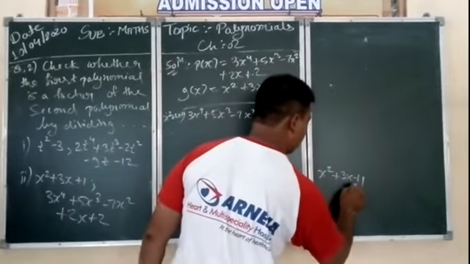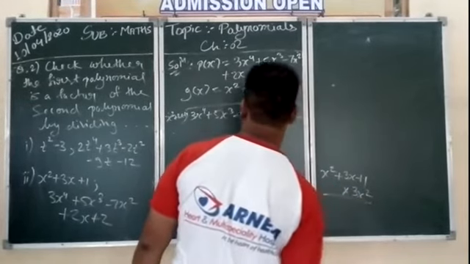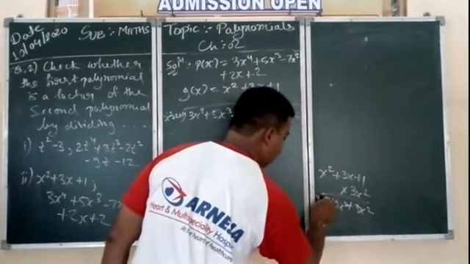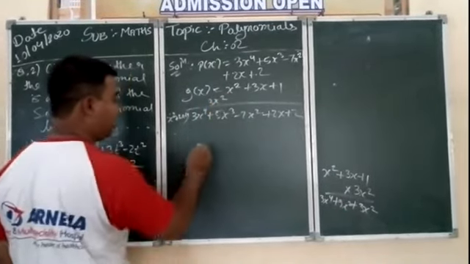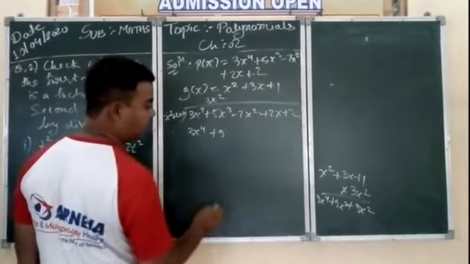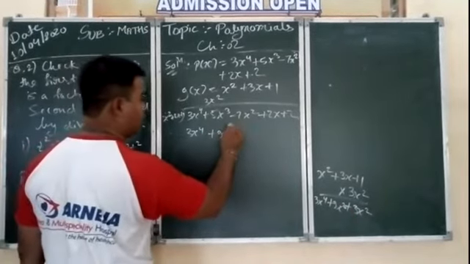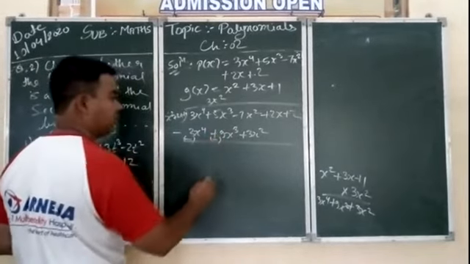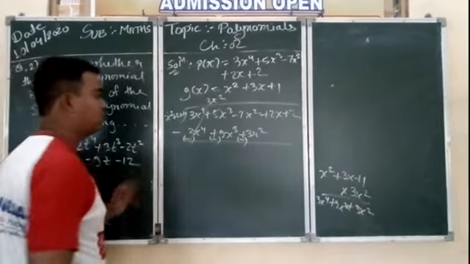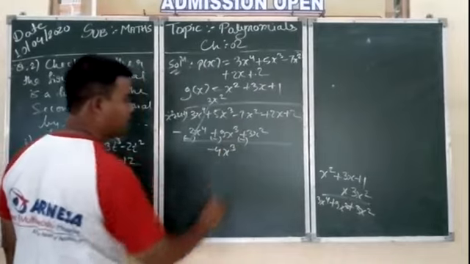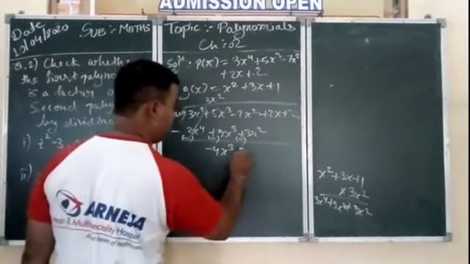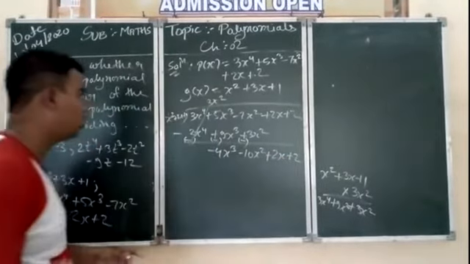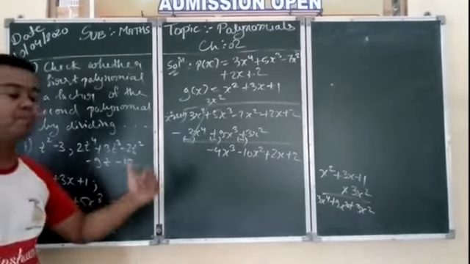By 3x square. So we get 3x to the power 4 plus 9x cube plus 3x square. The signs change. 5 minus 9 is minus 4x cube, and minus 7 minus 3 is minus 10x square, plus 2x plus 2.